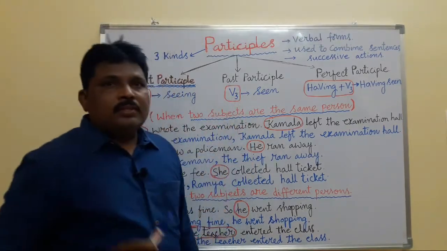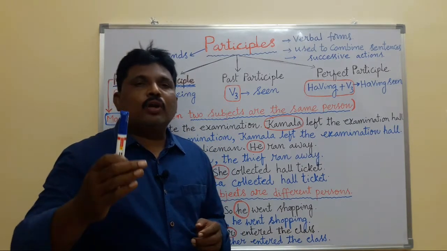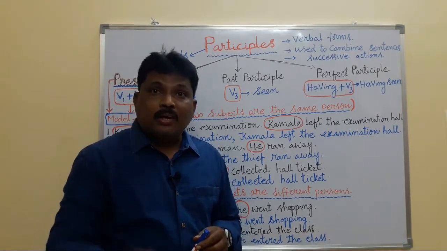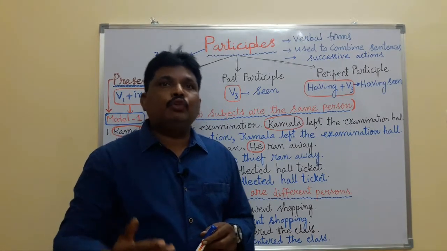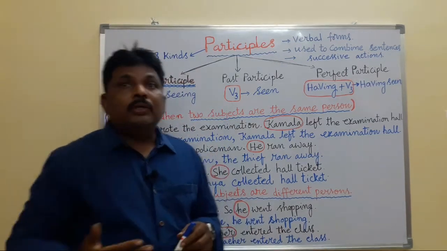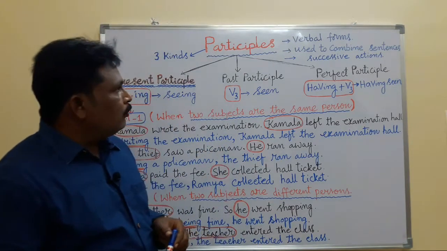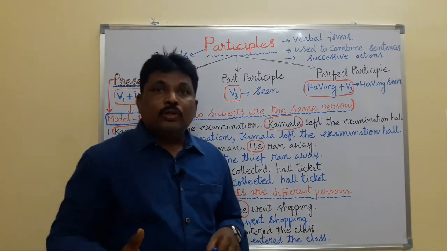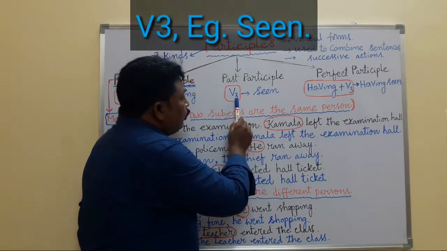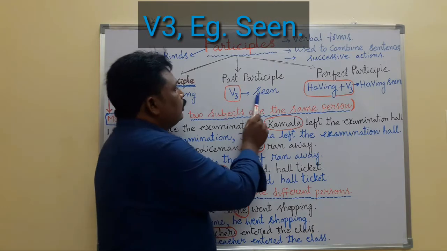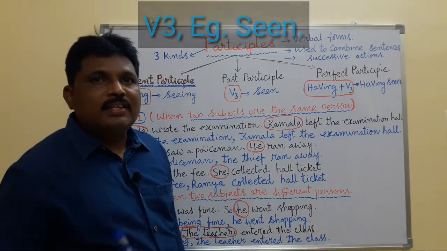Past participle, this is known to almost all the students, because in your lower classes you must have been taught about past participles in active and passive voice and in tenses, in all perfect tenses. In all perfect tenses, you have the third form of the verb. Past participle is the third form of the verb. For example, the third form of the verb is seen. See is V1 and seen is V3.